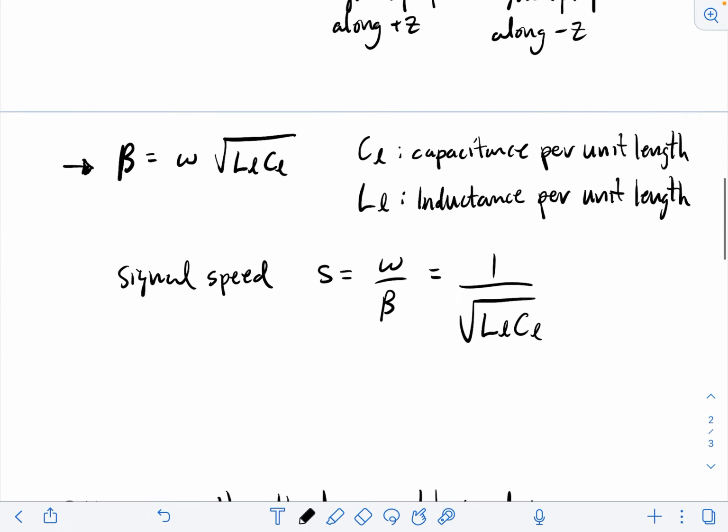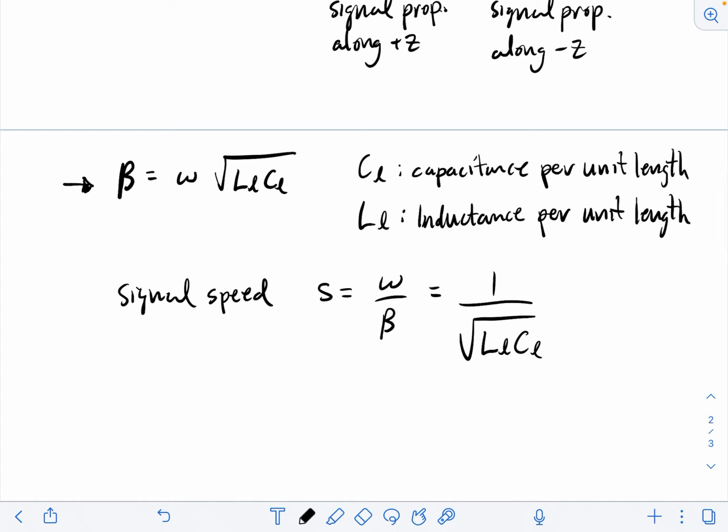So let me do one more thing before we move on. If you had an electromagnetic wave, you know that the speed of the wave, say the speed of light in vacuum, is equal to lambda times f. So s is equal to the wavelength times the frequency, and that's equal to omega over beta.